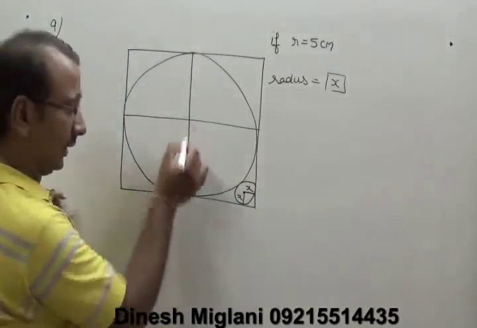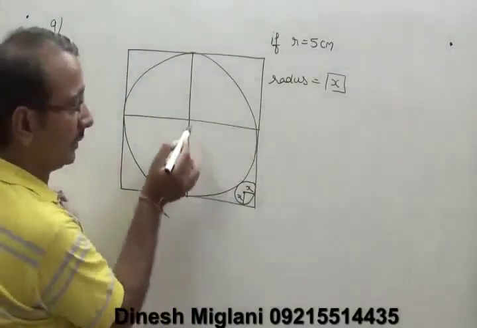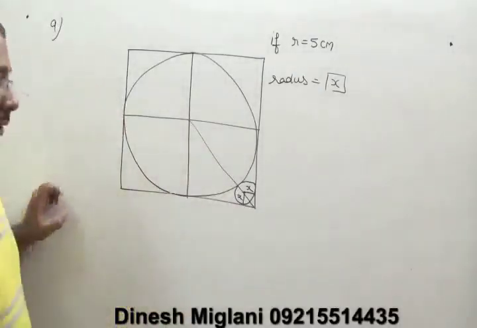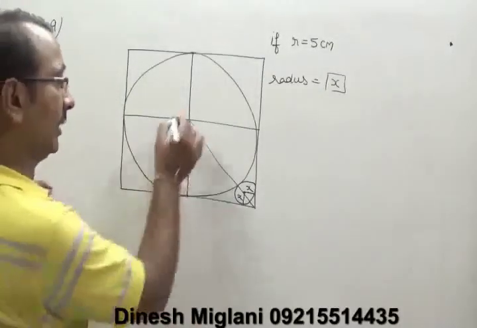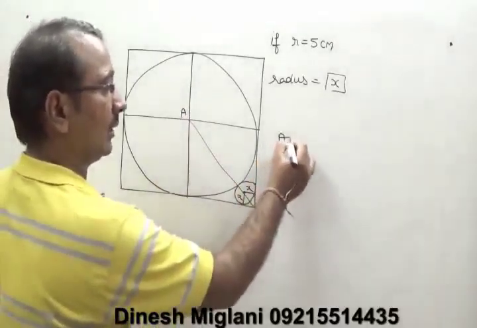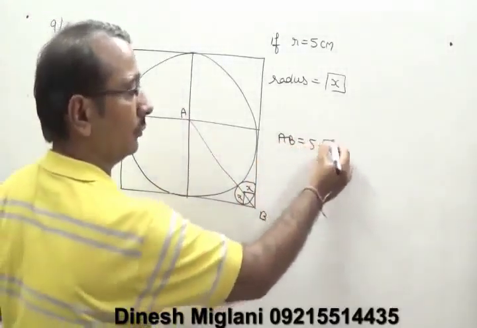Now it is 5, it is 5. If I just make it as A, right, this is 5, this is 5. So let us take it as A, B. So I can say AB is said to be 5 root 2.